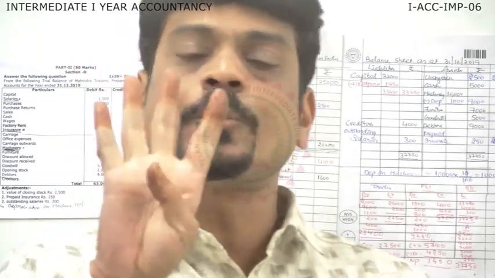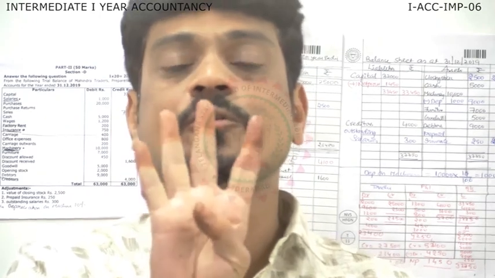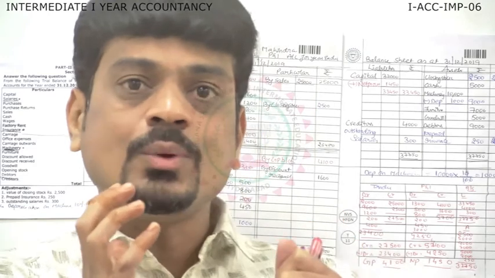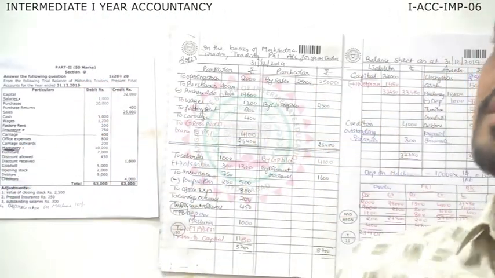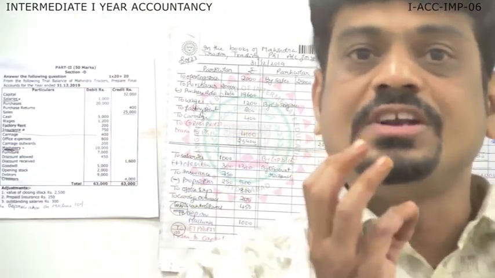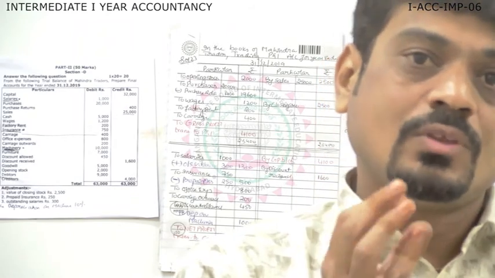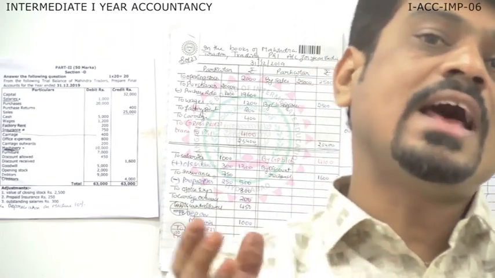These are the 4 problems which will give you 40 marks. So try to understand and focus more on these 4 problems: Section D, E, F and G. G, of course, is the last section, 2 marks.